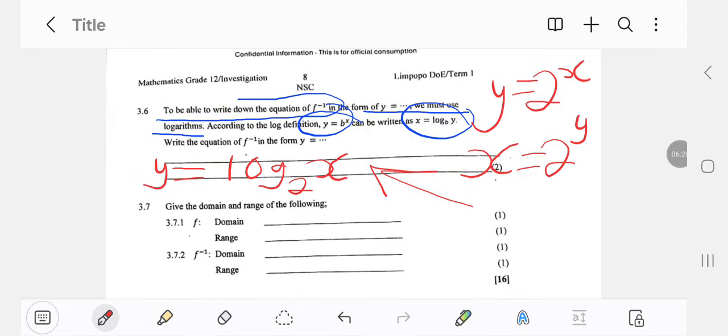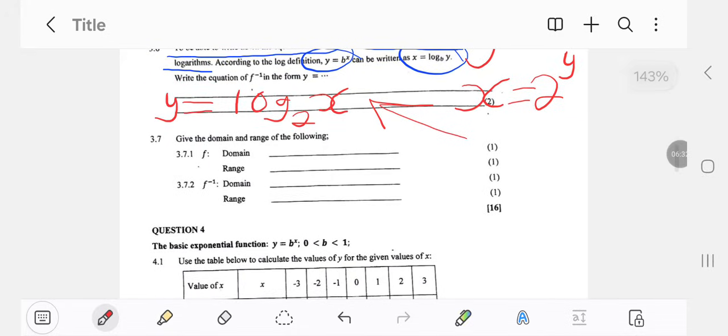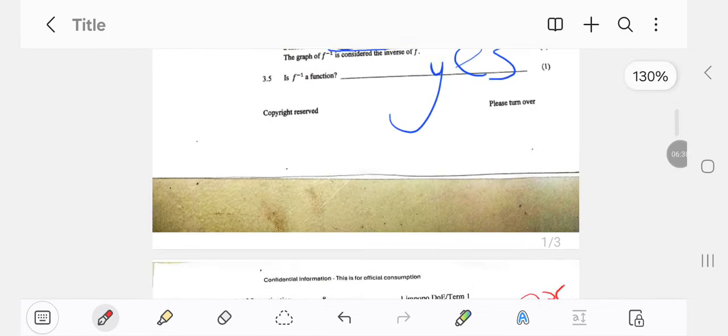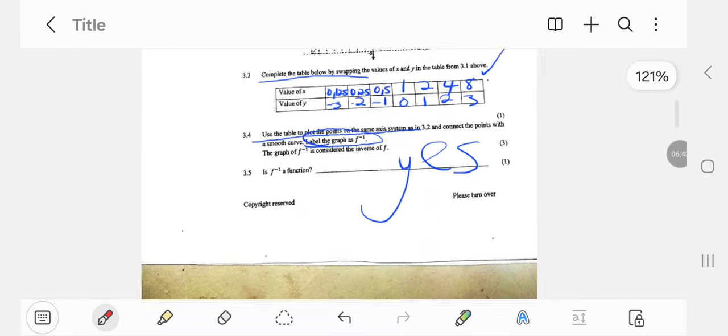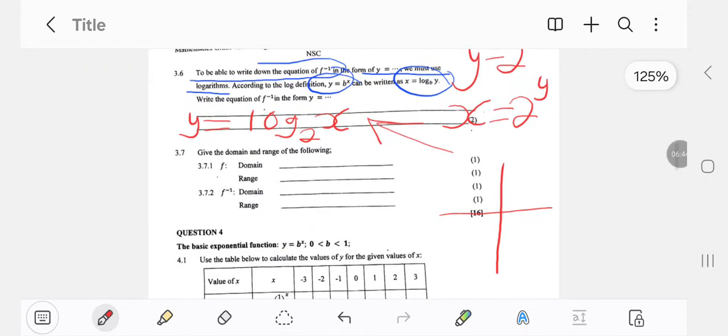3.7. Give the domain and range of the following. Let's check again. So our original graph.